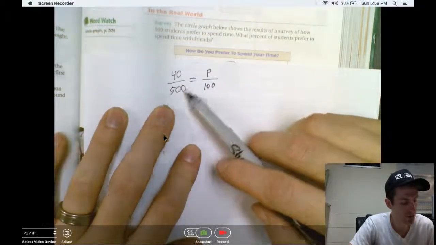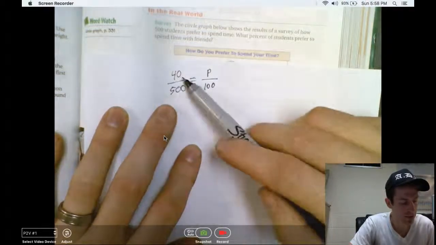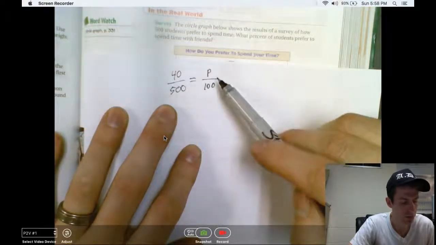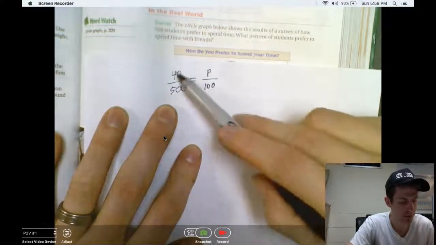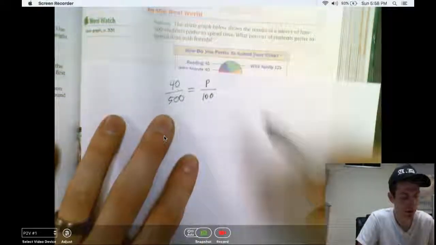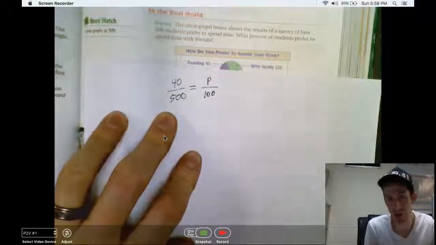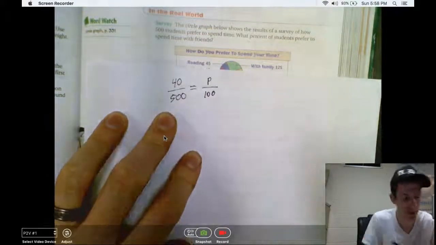So we just set up a proportion. This ratio is going to equal this ratio, but what number for p makes this true? Well, we do our cross multiplying or cross products.